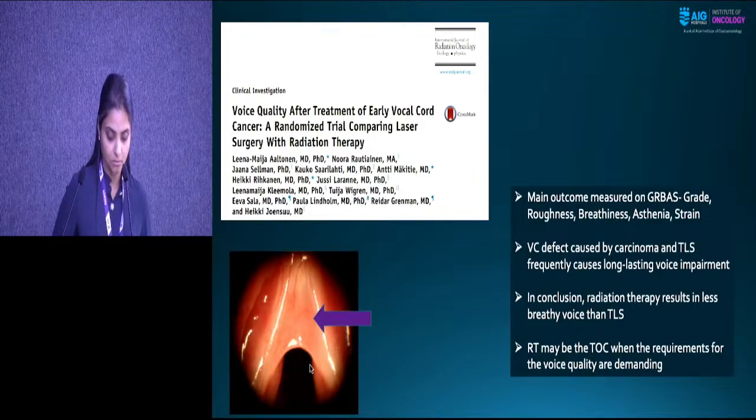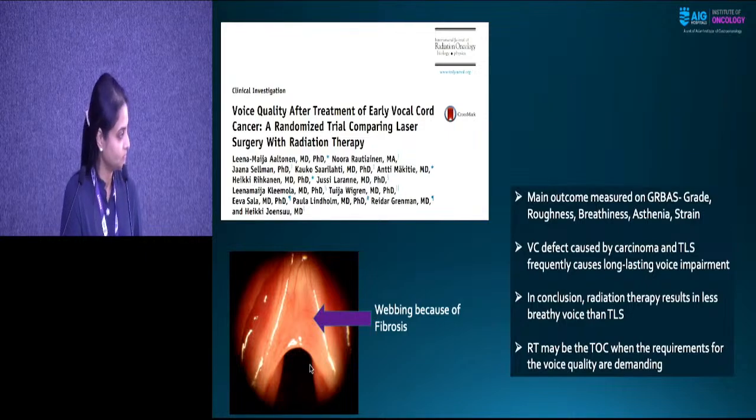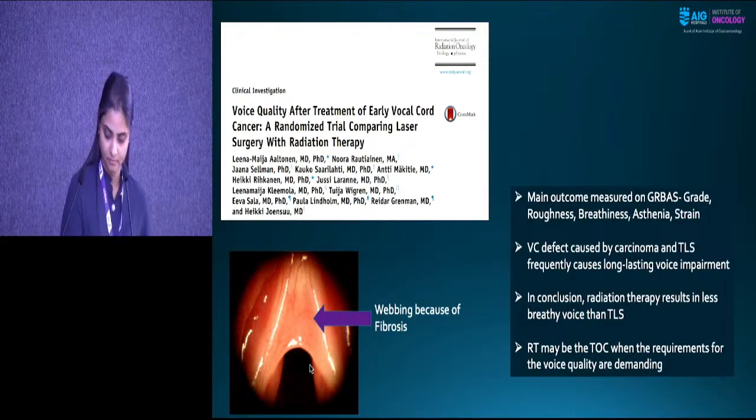So the problem, what do you think, Dr. Snigdha, about the problem here? This is glottic webbing, sometimes seen after excision of anterior commissure lesions, but it may not happen always. It can be prevented by doing a staged excision, or some people would like to put a silicone keel between the two cords before they stick.